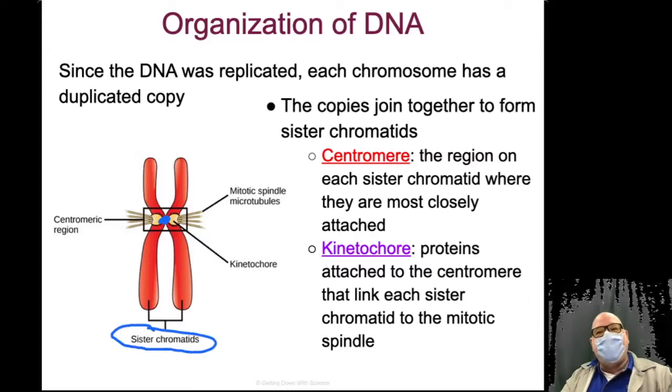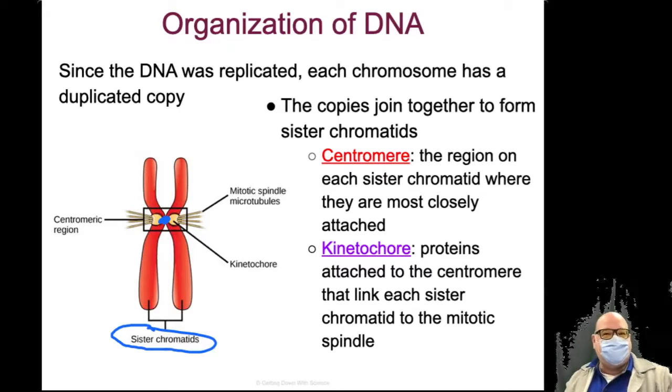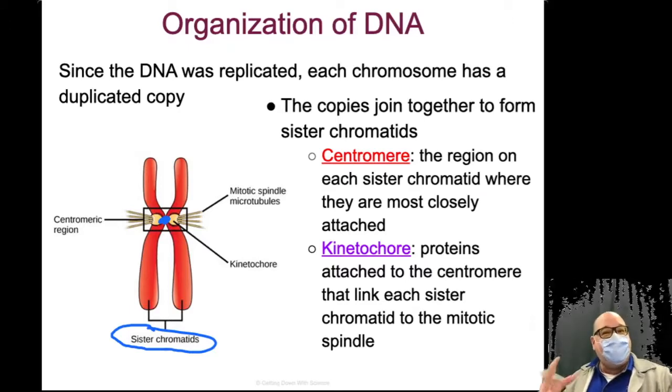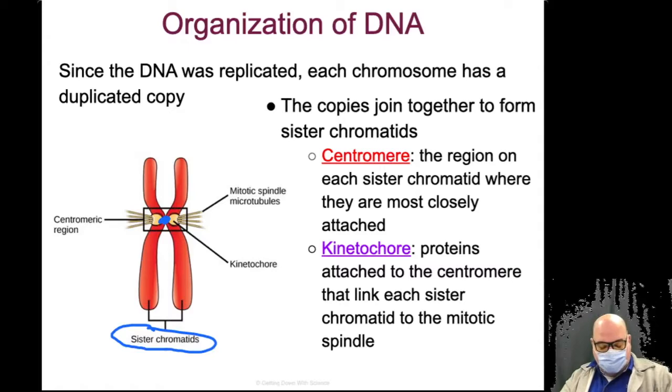Now nobody calls them this, but in your head I want you to think of them as twin sister chromatids. So they're identical, okay? If this is the gene for some particular protein right there, the exact same gene will be for that same protein over there. So they are exact copies of each other.